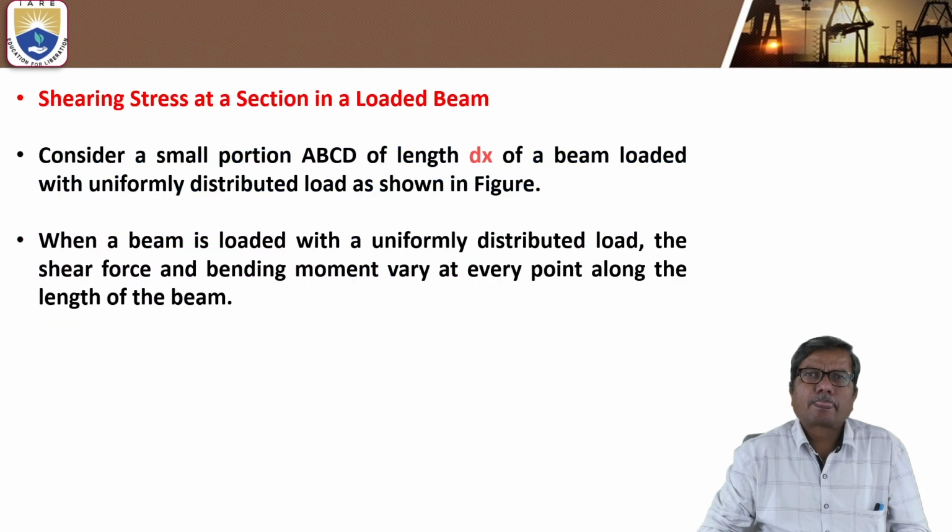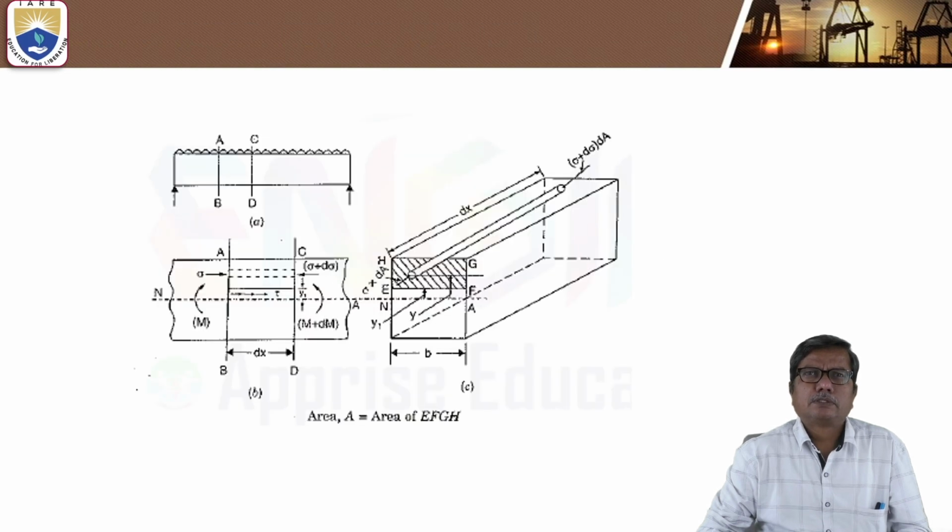For that, we consider a small portion of the beam as shown in the figure, ABCD of length dx, a small length of beam dx between two cross sections AB and CD.